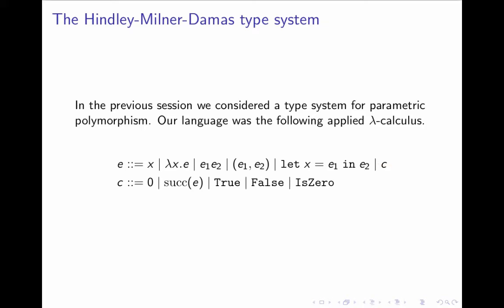And the constants that we have are enough to represent the natural numbers and truth values, and we also have a test for 0. So 0 is a constant. For any expression we can form the successor, and because of these 2 constants we can represent the natural numbers. We have the truth values, true and false, and we have the test for 0.